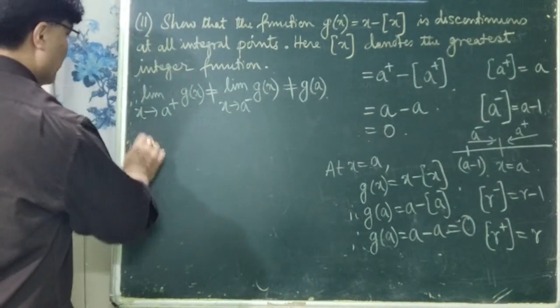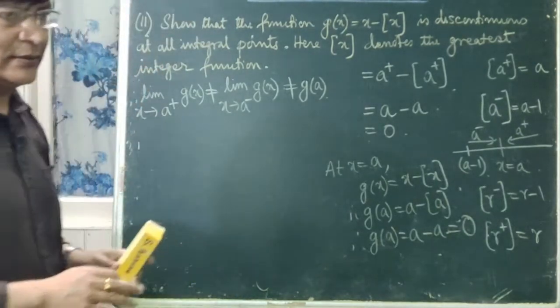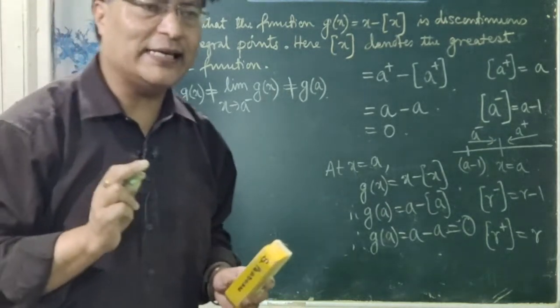So you can write down, therefore, since a is any integer, in this case we have assumed x is equal to a where a is any integer.